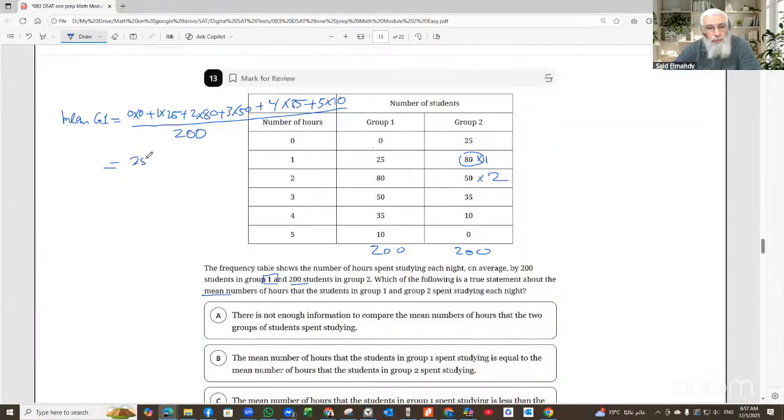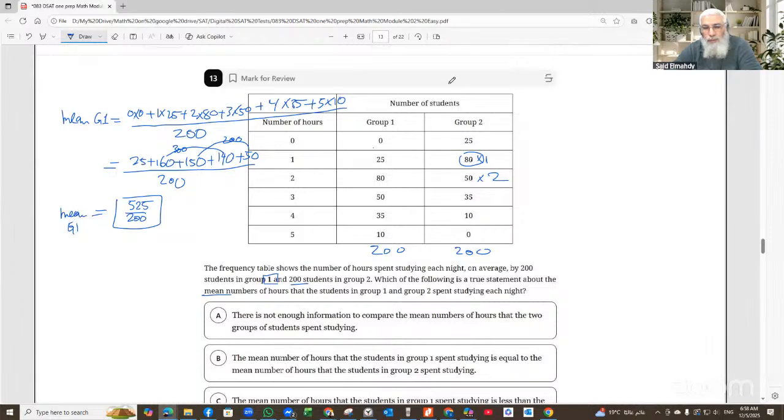This is 25 plus 160 plus 150 plus 140 plus 50, divided by 200. This is 525 divided by 200. Let's leave it like this. This is the mean of group 1.